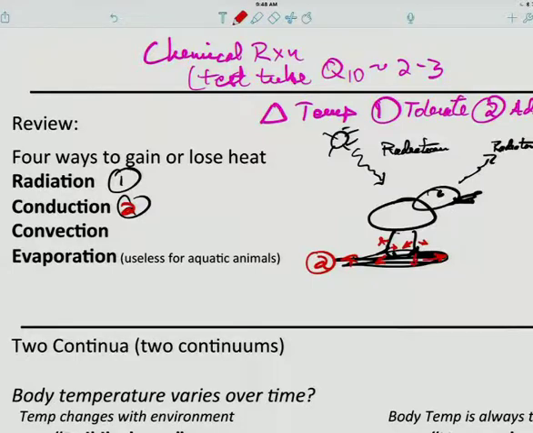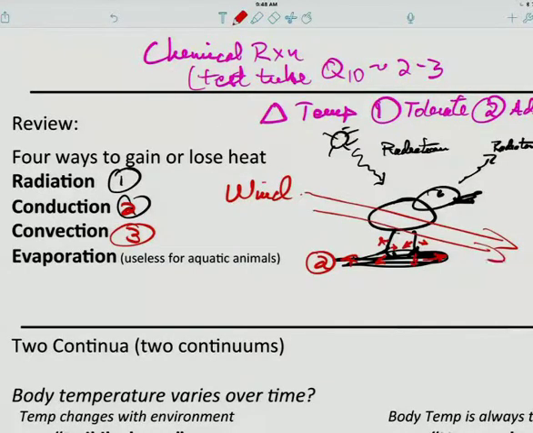Convection is when you add wind to that. And you might have relatively slow moving air. Remember, heat is just random molecular motion. The air warmed up. Or water will also do convection.